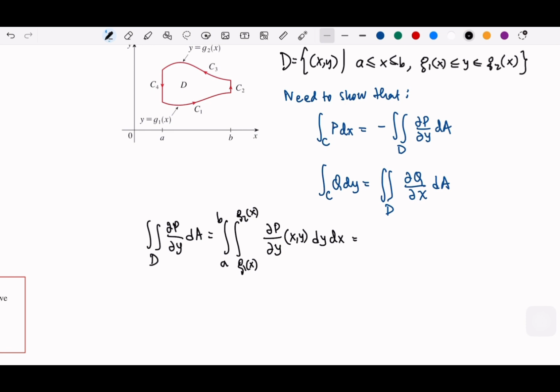Inside, if we solve for the partials, we are going to have p, and turns out the only integral left is with x. So this will be p, and then we put inside the y and change y with g, and then minus the other g. And then all of this, we still have the integration with respect to x.